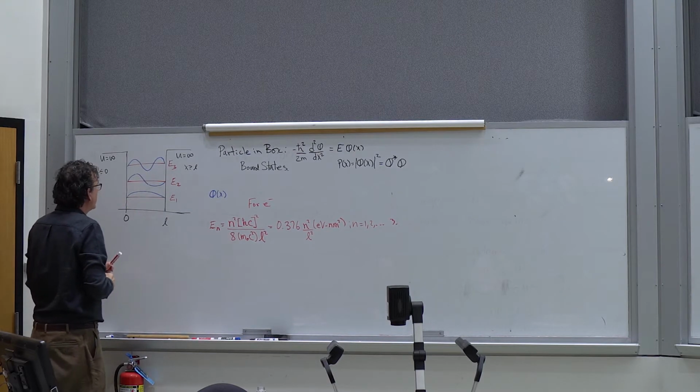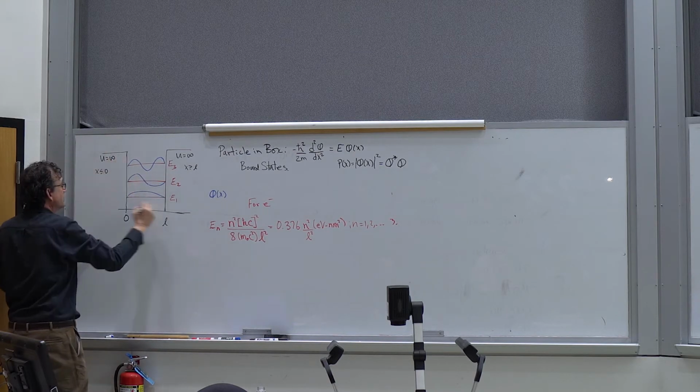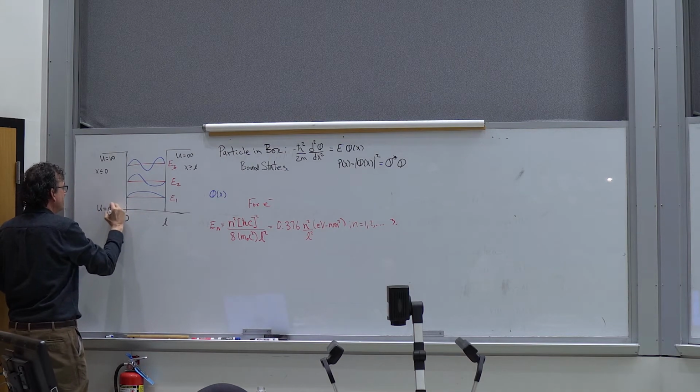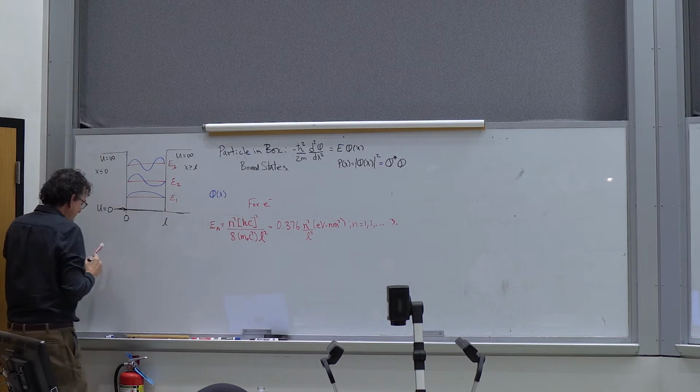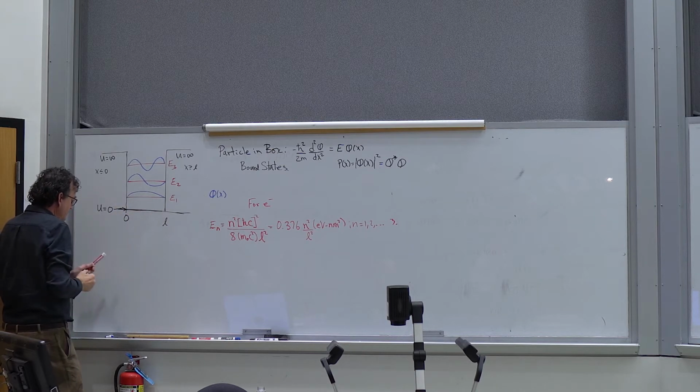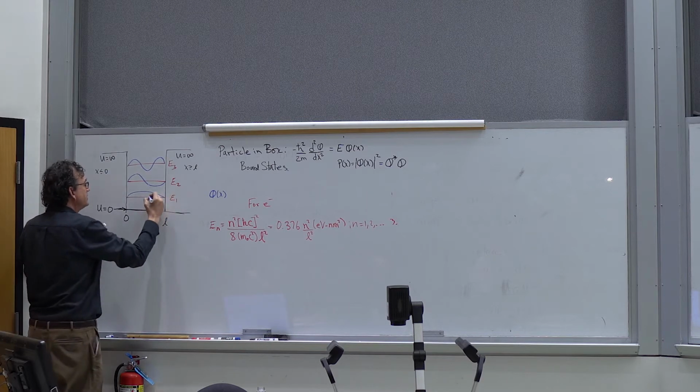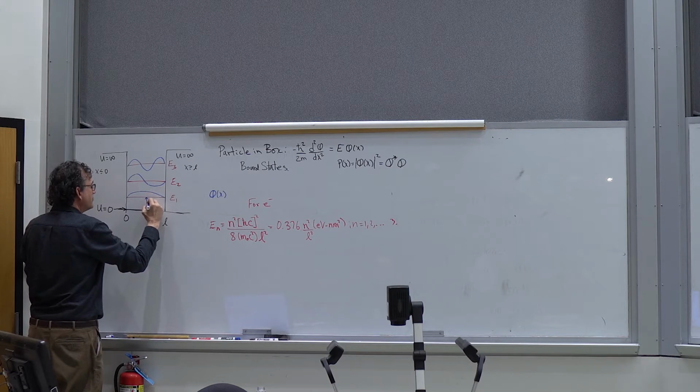And by the way, as this is a potential energy diagram, the value of U equals 0 is down here, right? And that's where we have it right here. And consequently, as we've said before, the difference between the energy and the potential function is the kinetic energy. So in this case, these also represent kinetic energy, right? EK1.